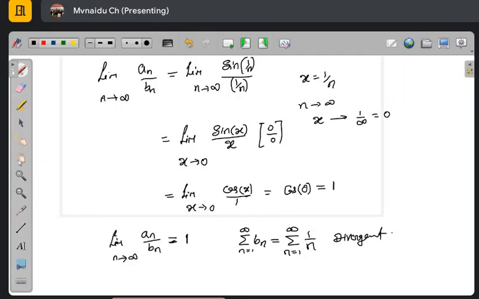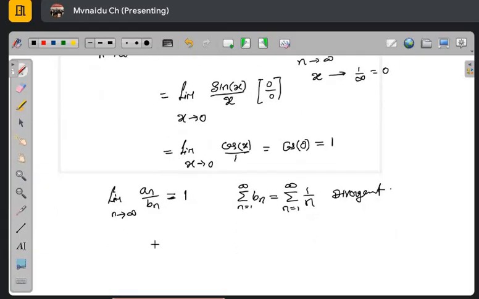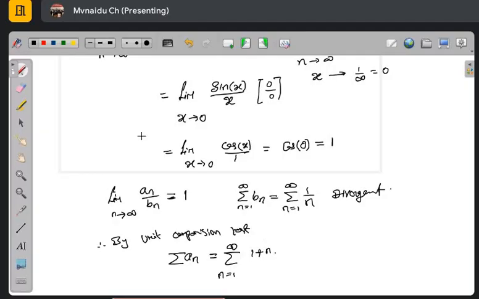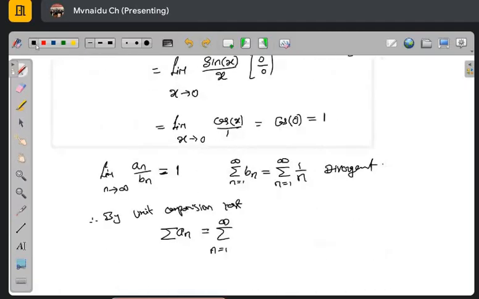Since summation bn is divergent, what can we say about summation an? Therefore, by the limit comparison test, summation an, which is summation n equals 1 to infinity of sine of 1 by n, is divergent.